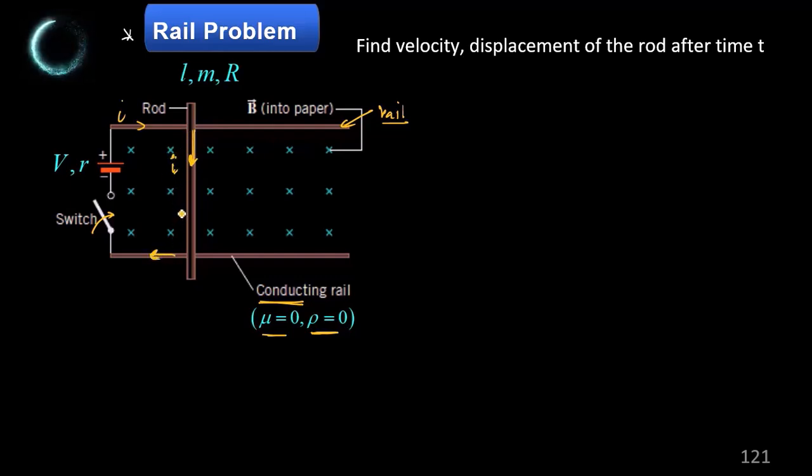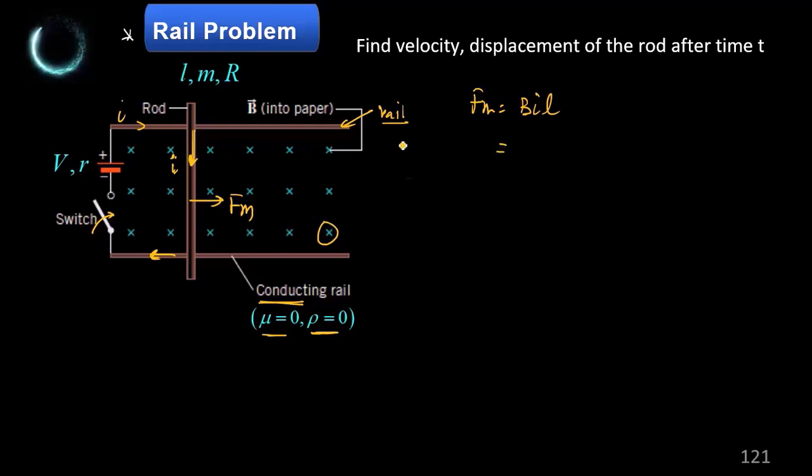Because of this current carrying wire, this wire will feel a force in this direction, L cross B. So this is the magnetic force felt by this current carrying wire. What is the magnetic force? Fm can be written as BIL. What is L? L is the length of the conductor. B is the external magnetic field that is already given.